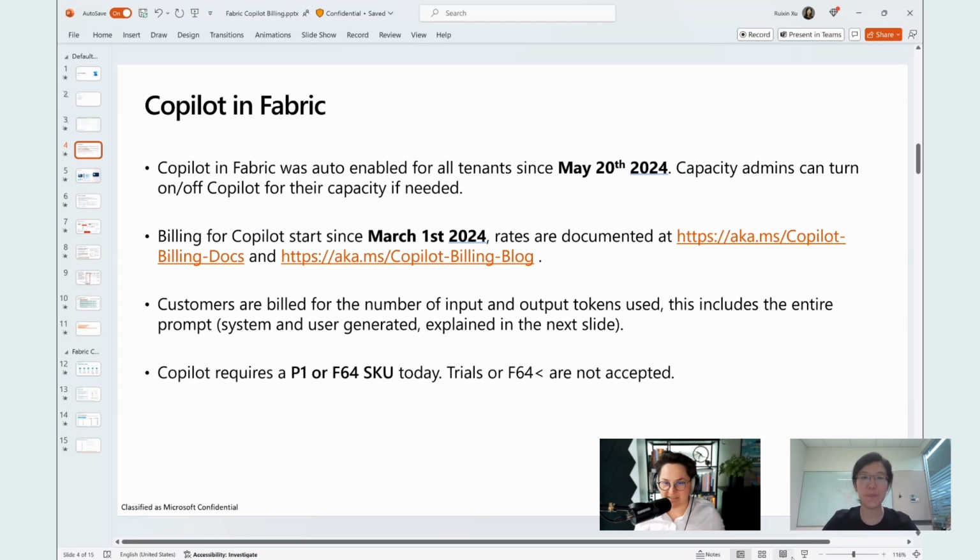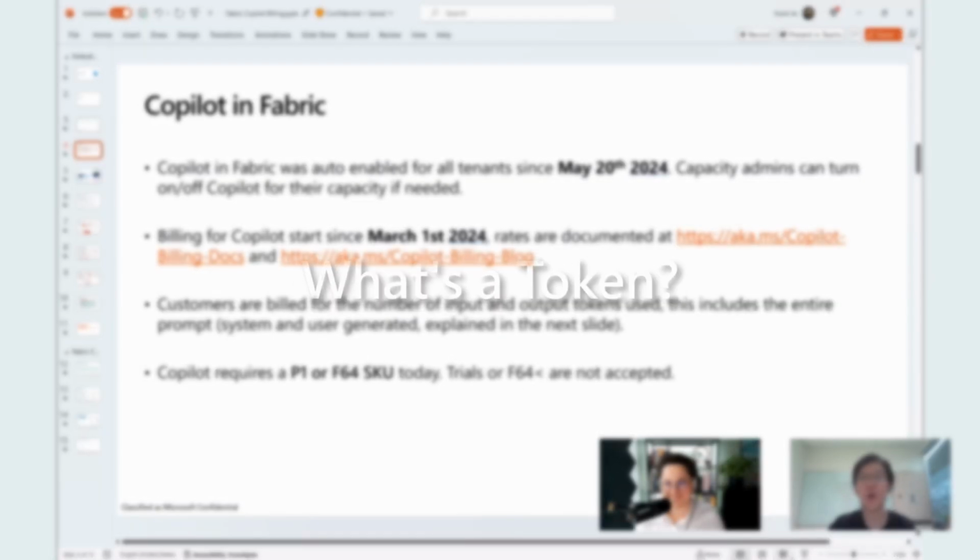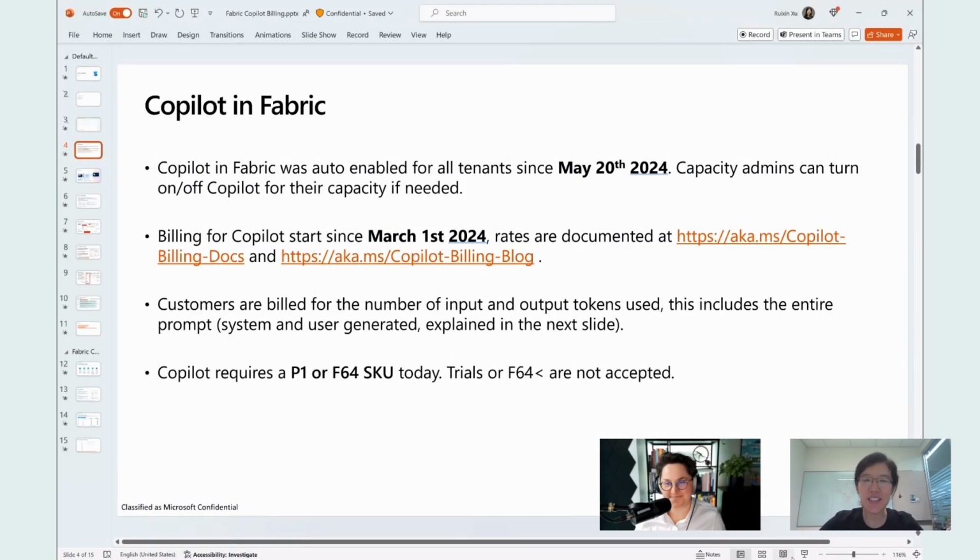Here is one term I would love to get clarification on: what is a token? A token is a unit of text. For example, given one sentence, it could be one character, a word, or a white space. The token really depends on the context.